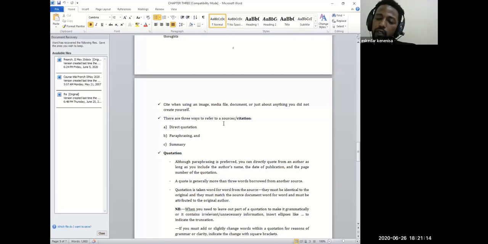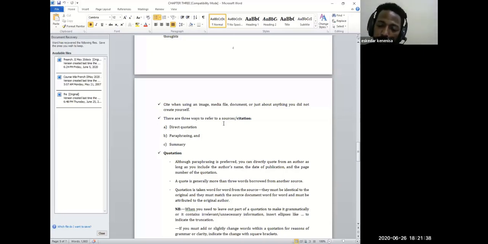Therefore, you can quote, but you have to clearly put the name, the date, and the page. This is the important issue, because if you don't, you are going to commit plagiarism unknowingly.